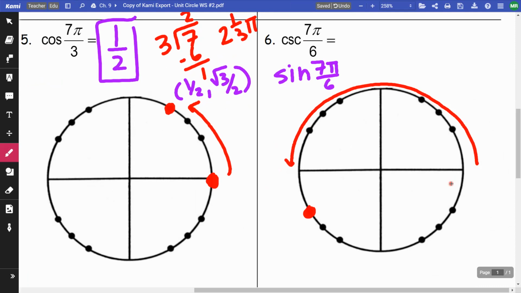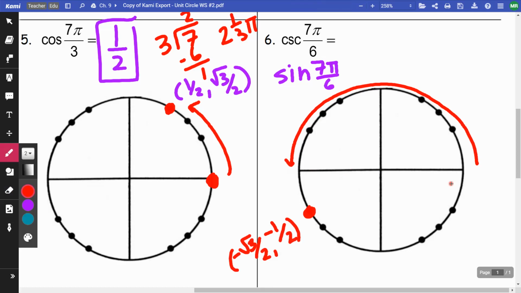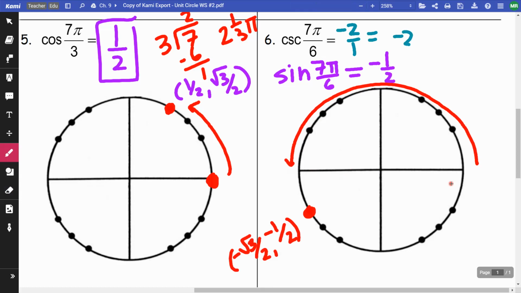The coordinates of this point are long, comma, short, so it's going to be a negative root 3/2, comma, negative 1/2. Now, my sine of this would be equal to negative 1 over 2. But I want my cosecant, which is the reciprocal of that, negative 2 over 1, or just plain old negative 2.